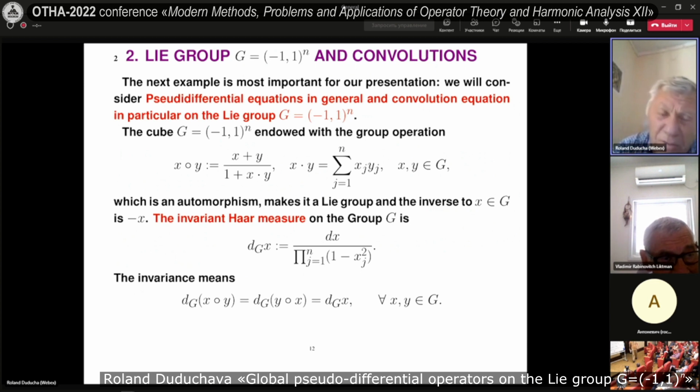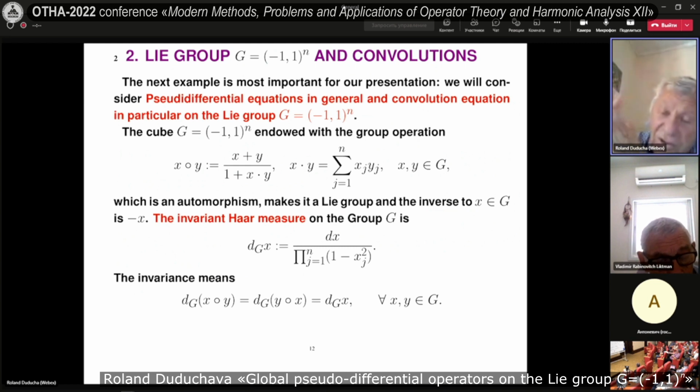This maps the group to itself, and it is really a Lie group, and the Haar measure here is dx divided by 1 minus x squared. So it means that this space, for example, does not contain constants.